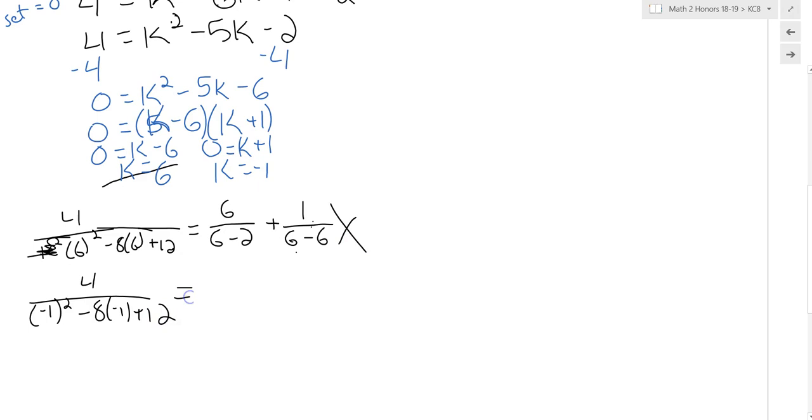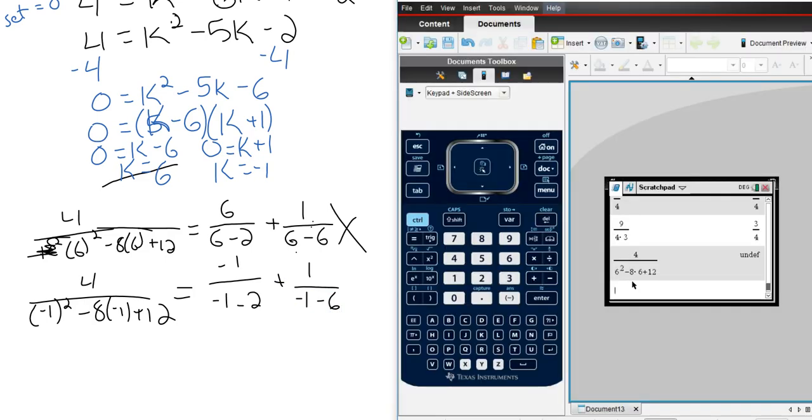Now we want to try our -1, so 4 over -1 squared minus 8 times -1 plus 12 equals -1 over -1 minus 2 plus 1 over -1 minus 6. If we type this in, we have 4 divided by, in parentheses again, -1 squared minus 8 times -1 plus 12.